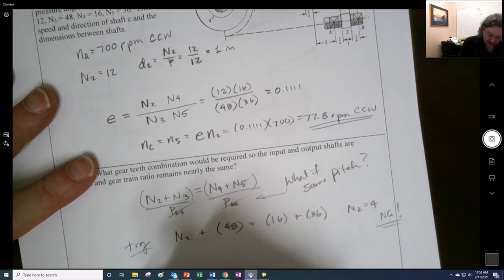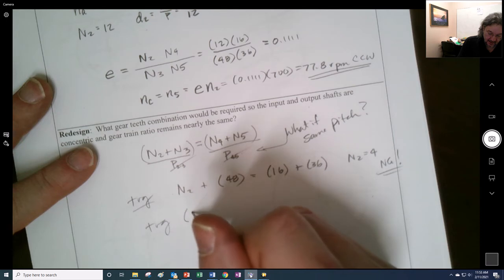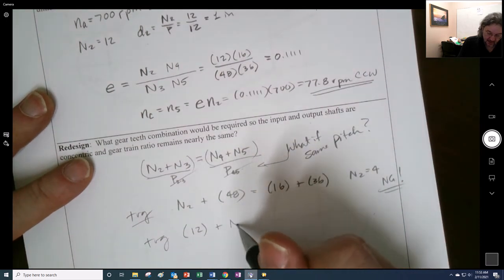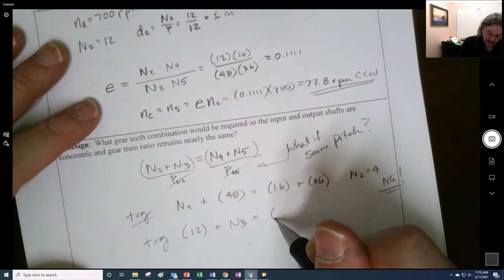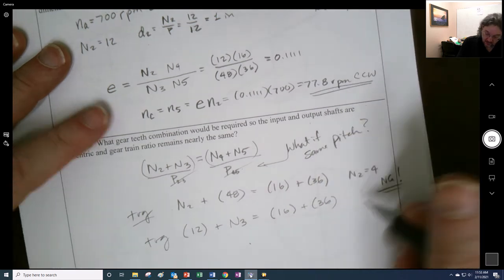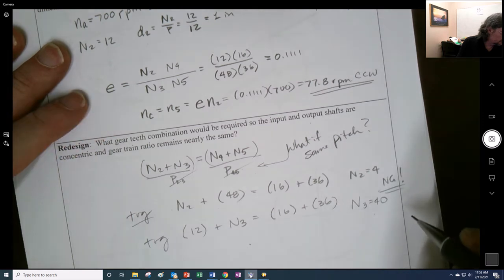So let's try if we had this the same. We had 12 coming in, and we don't know what this is going to be, and what we would have now is N3 would be equal to 40.